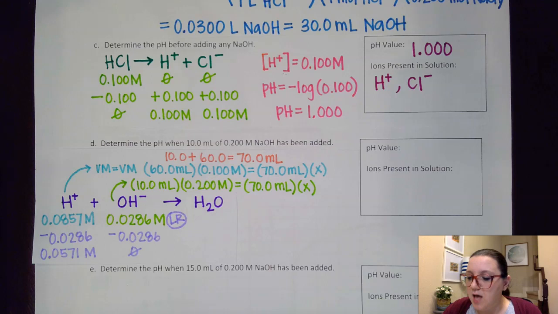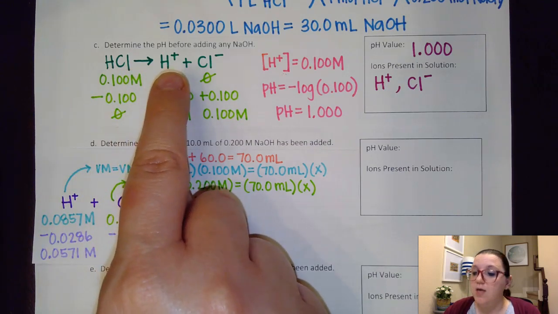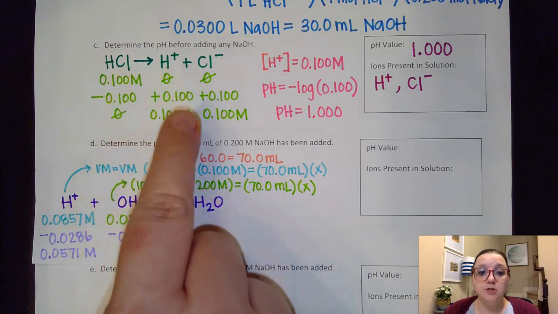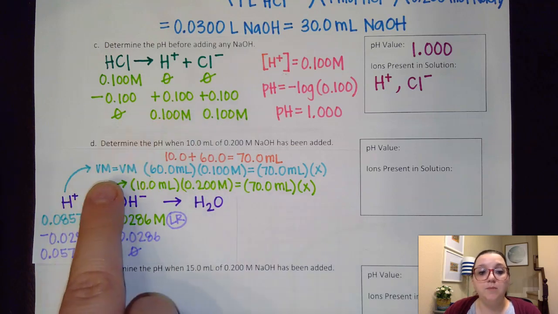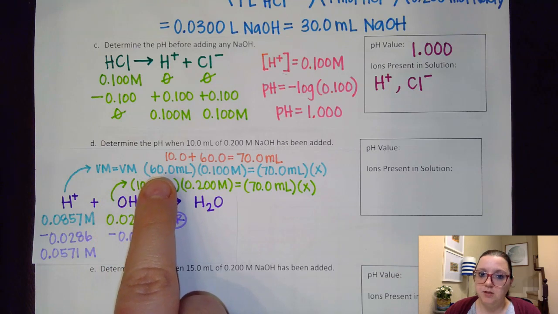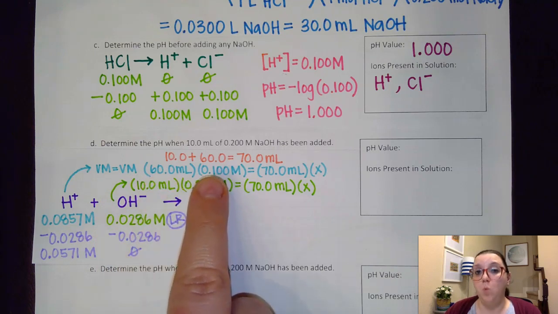The HCl, when it dissociates, gives me hydrogen ions. So if I had HCl at 0.1, then I'm going to have hydrogen also at 0.1. So notice for the hydrogen, when I set up my VUM, I said the original 60 milliliters had a hydrogen ion concentration of 0.1.